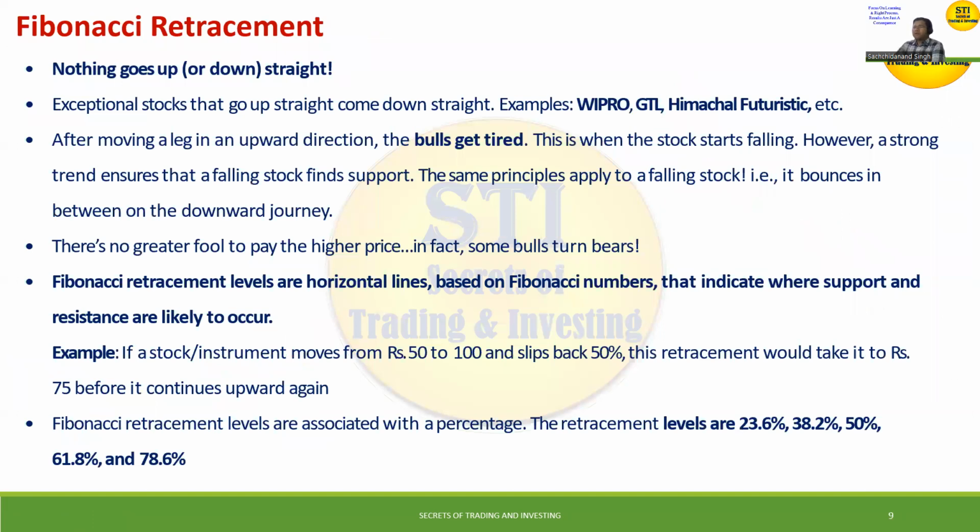Fibonacci retracement says that whenever any stock price is going up or down, even an outperformer or underperformer, it doesn't go in a straight line. Even if a stock is moving up and up, it takes some intermediate rest.